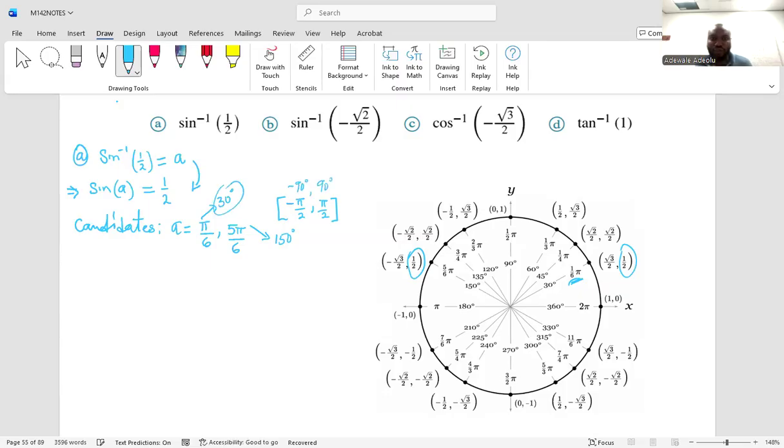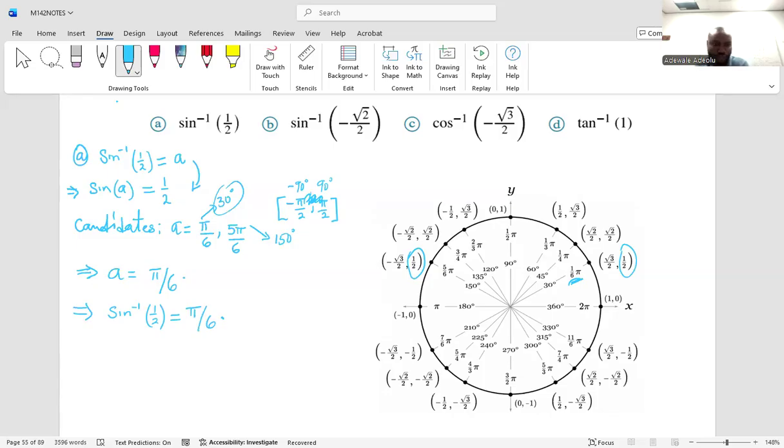So this is the angle in between, within that domain. So our A is going to be pi over 6. So it turns out that sine inverse of 1/2 equals pi over 6. I hope that makes sense.